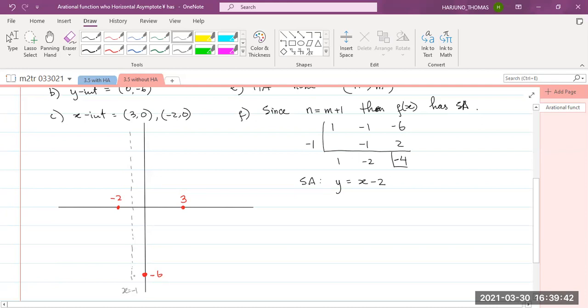And the slant asymptote, y equals x minus 2. The slope is 1, maybe a bit higher. The slope is 1, the y-intercept is -2, so y equals x minus 2 is this line here.